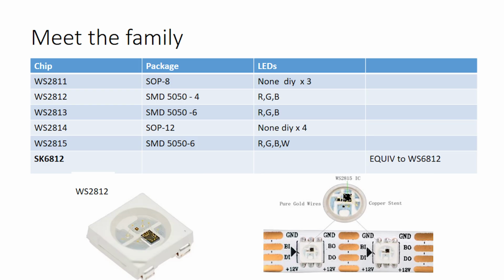And the 2815 is the SMD chip, 5050, 6 pins, and that's 6 pins because it's got 4 LEDs, red, green, blue and white, so that you can add white from the white LED along with red, green, blue or any other colour, so that you can mix with a white palette.